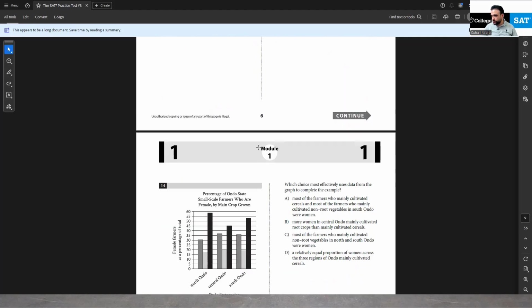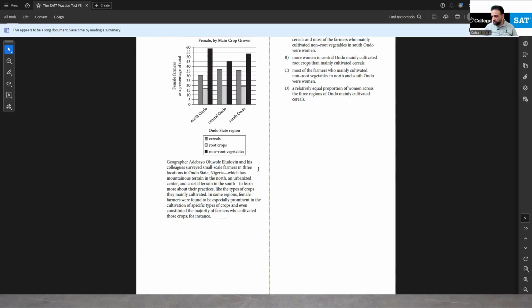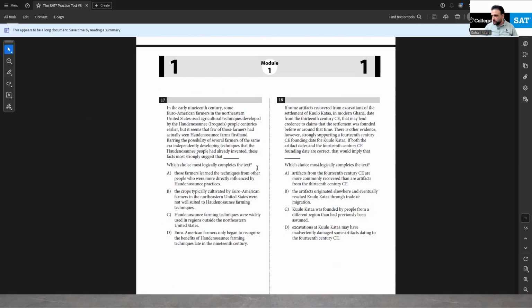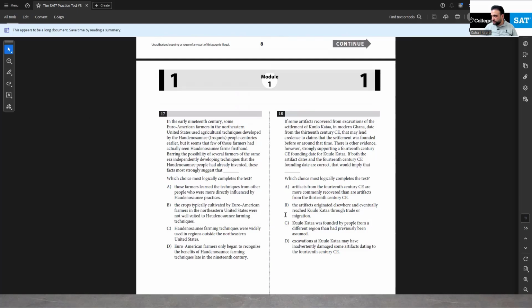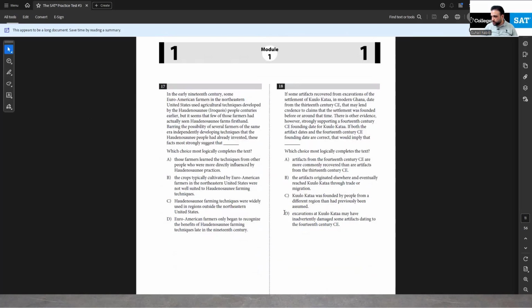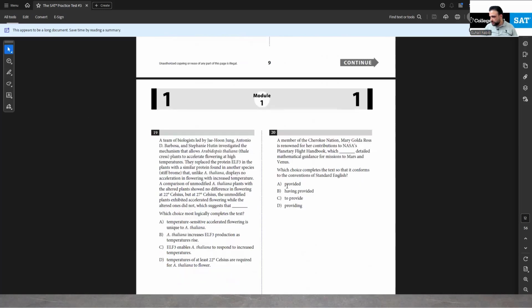I'm going to go down. Of course, we have graph questions. You have to answer based on the graph. This is a text completion question. The first 18 to 19 questions are usually reading questions.